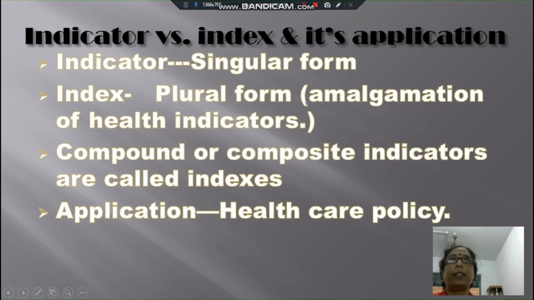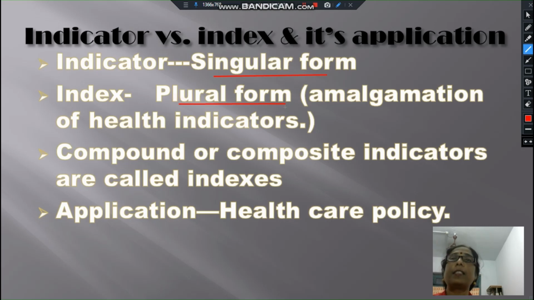Indicators versus index and its application. There has been some confusion over the terminology health indicator and index. Health indicator is the singular form, whereas index is the plural form.